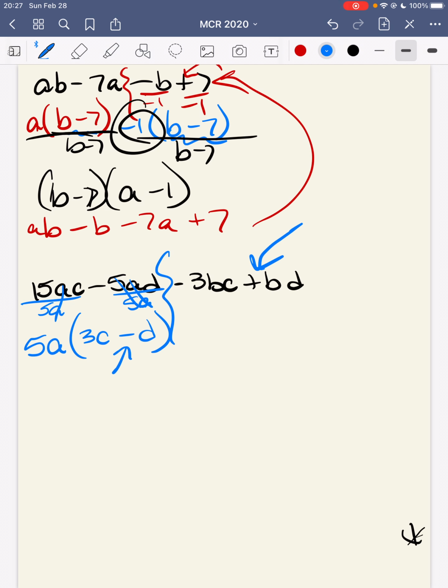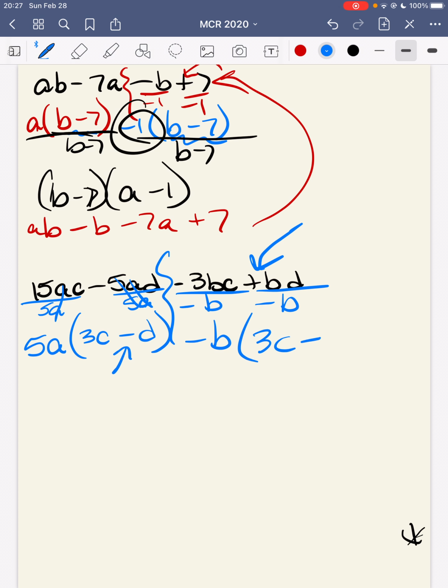So in this case, my GCF looks like it's B. So I'm going to factor out a minus B from both of these. So I'm going to have a minus B. And a negative gives me a positive, and I have a 3C.